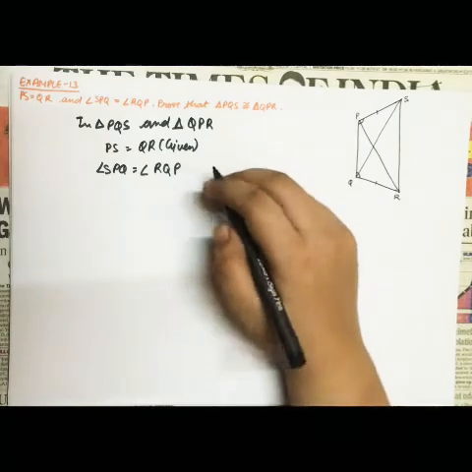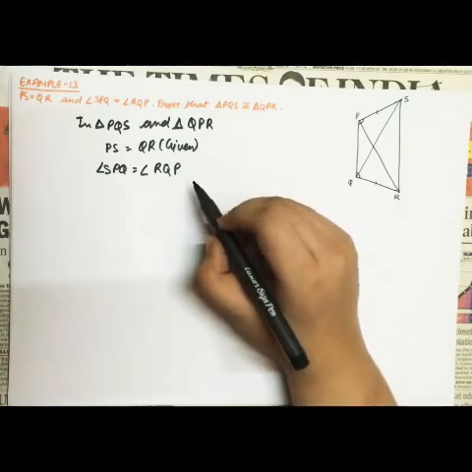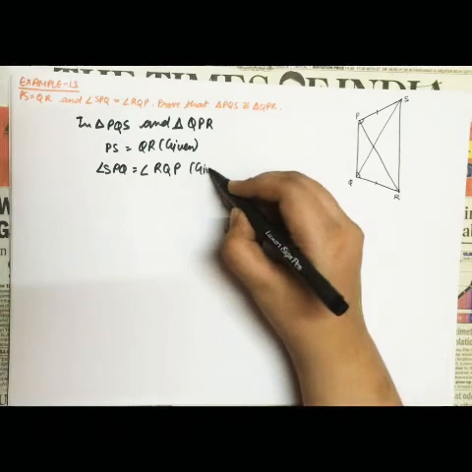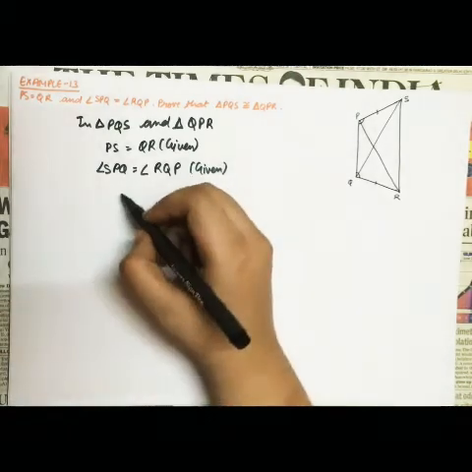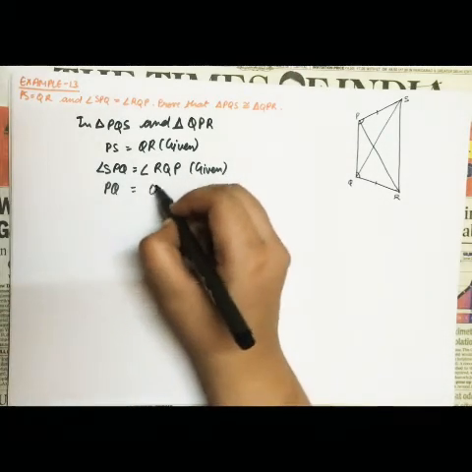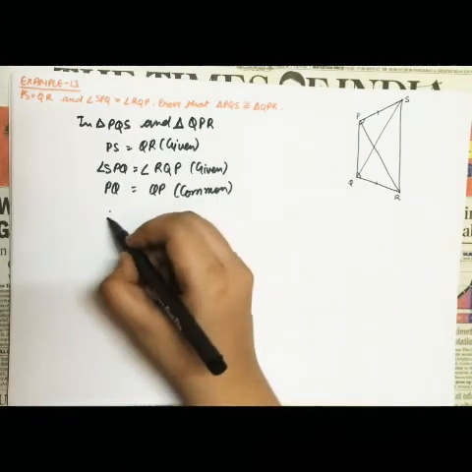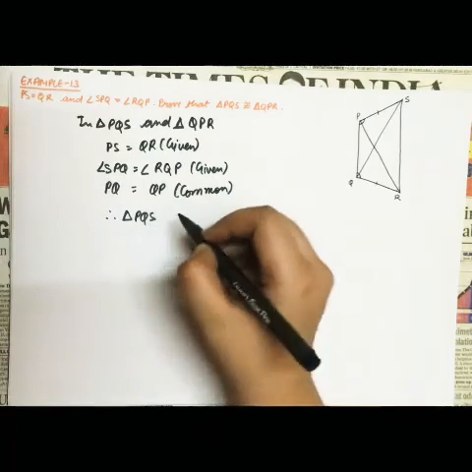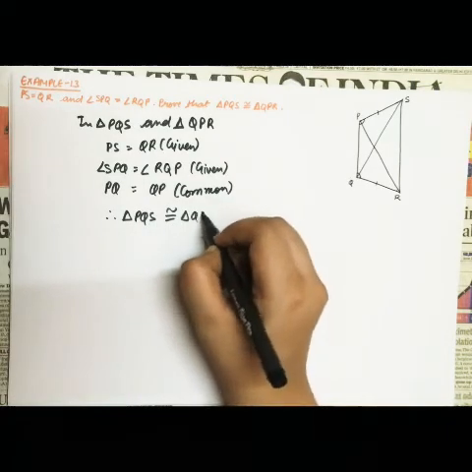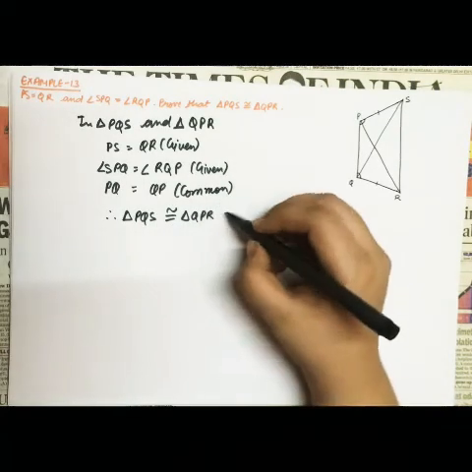Why? As it is given to us. And now PQ is equal to QP because they are common. Therefore triangle PQS is congruent to triangle QPR by SAS rule.